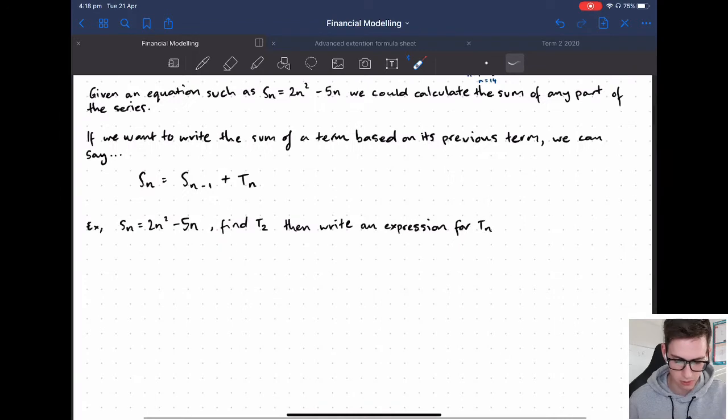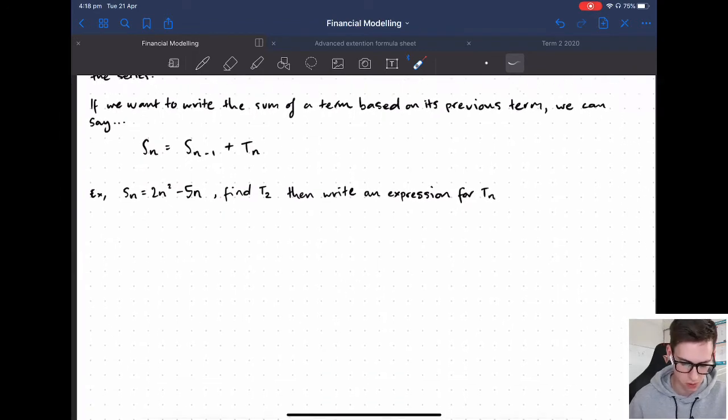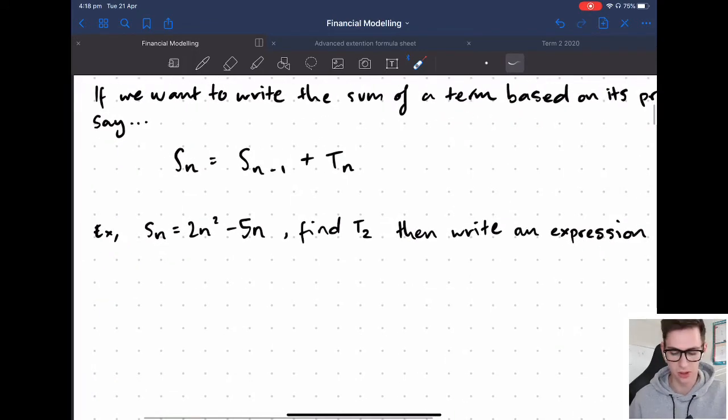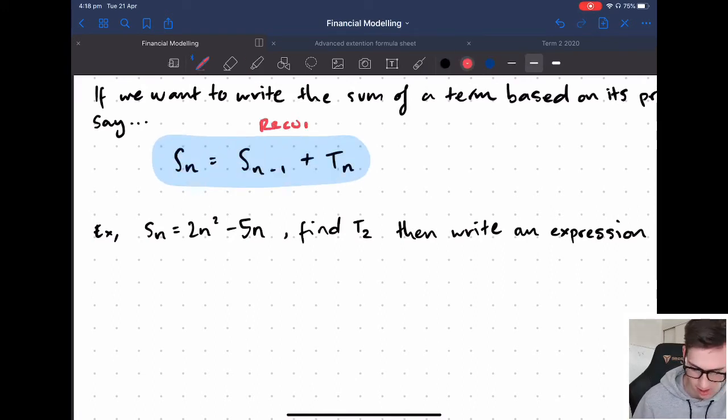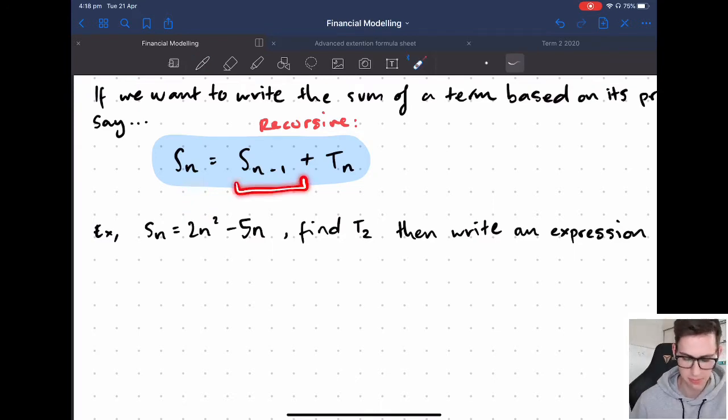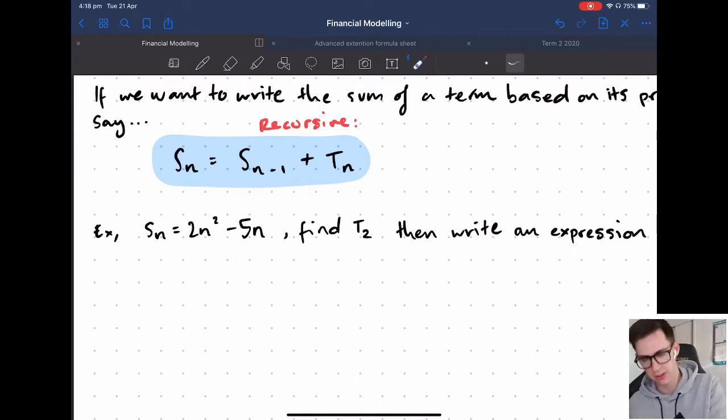If we want to write the sum of a term based on its previous term, now this is the whole idea of a recursive formula. This is the recursive bit. We can say that the sum at that n value is the sum at the value before it, makes sense, plus that term.